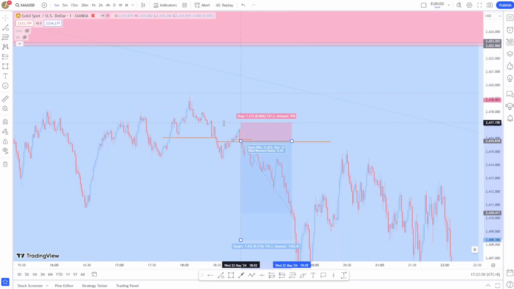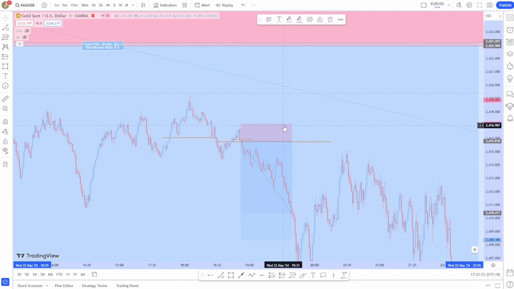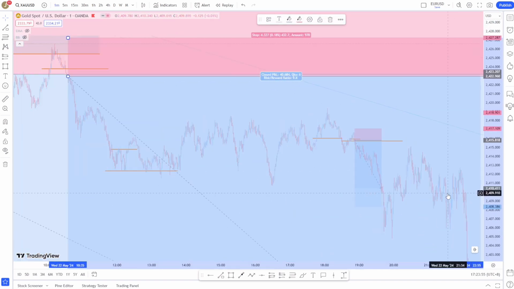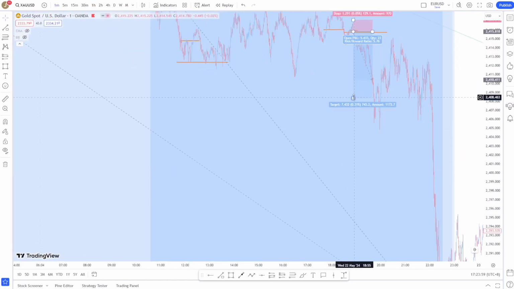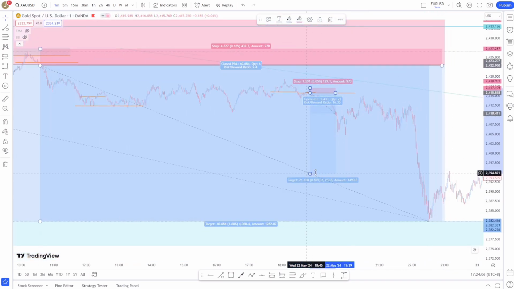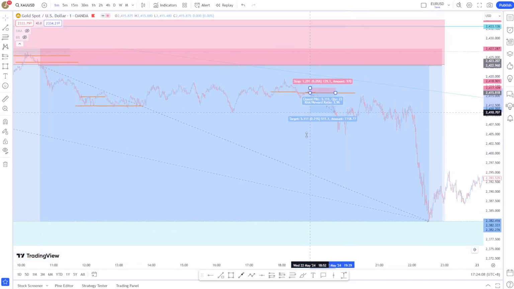Stop loss above, 12 pip stop loss. Very, very amazing. You can put it here, you want to target these lows, you can, or you can even go lower. You can take partials there, you can take partials here, you can extend it here.